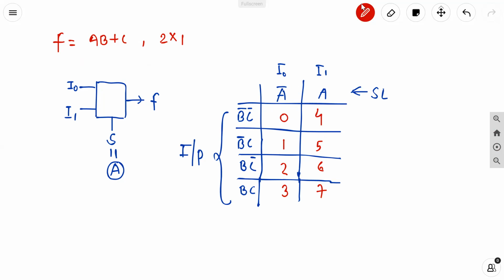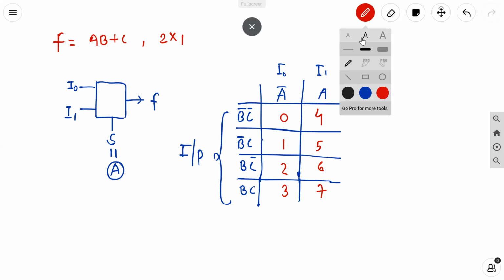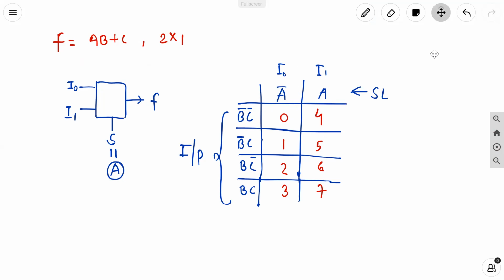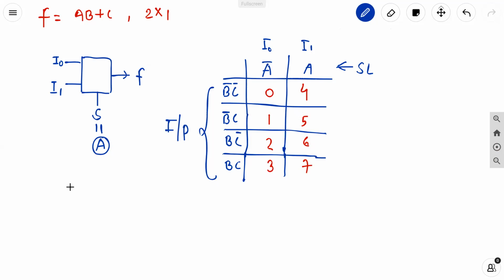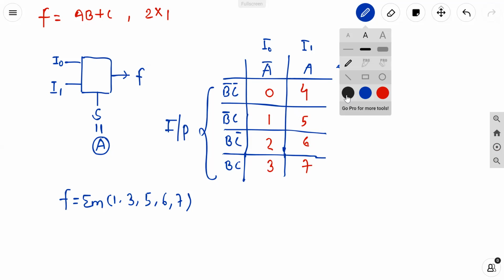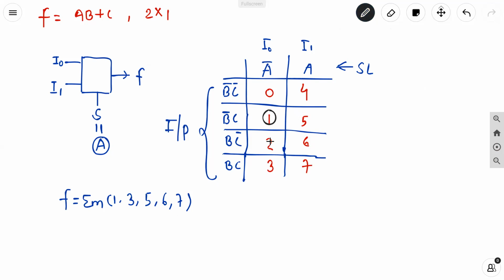Now the same steps. The function F equal to AB plus C has the minterms 1, 3, 5, 6, and 7. So mark or encircle all of these: 1, 3, 5, 6, and 7.